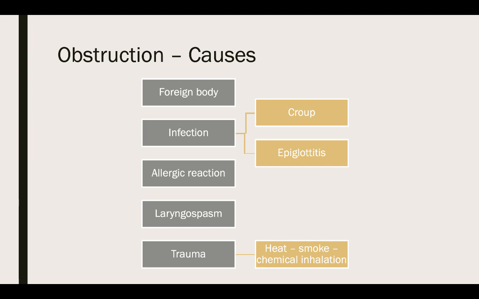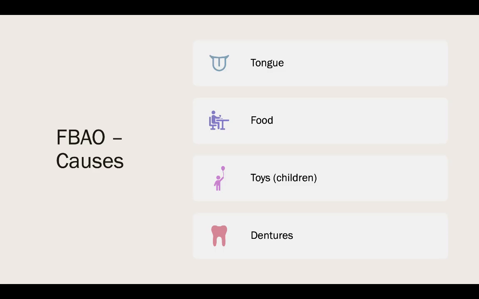Allergic reactions can cause bronchoconstriction, causing airway obstructions. We can have laryngospasms as a cause of or result of all of these causing obstructions, and trauma, right? So heat trauma, smoke trauma, chemical inhalations can cause airway obstructions.